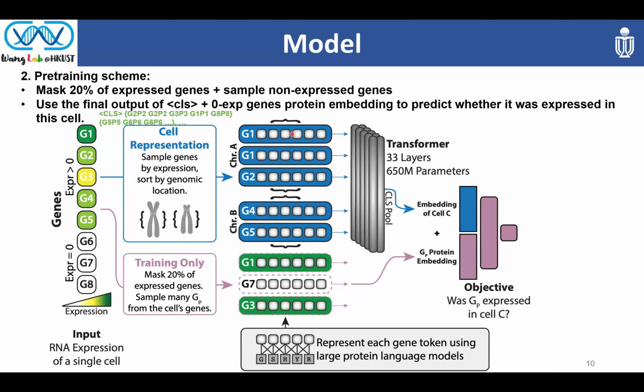Yeah, I think there is still one issue I need to figure out: for different species, the input length may be different. Oh no, sorry, the input length is the same. They just sample 1024 genes and group them by chromosome.